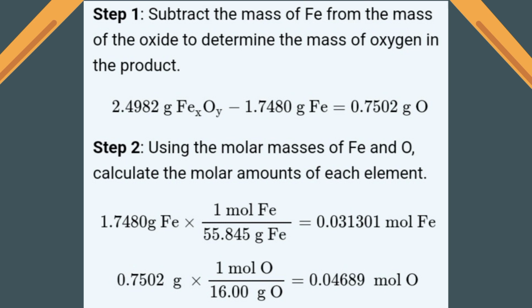So step 1, subtract the mass of iron from the mass of the oxide to determine the mass of oxygen in the product. So we have 2.4982 grams of iron oxide subtracted by 1.7480 grams of iron.